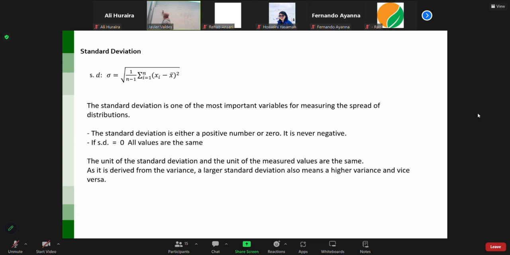And then you tell me you have a standard deviation of 19. I will say, okay, so I expect to have students that are 20 years old with a deviation of 19 years, which is still a lot.